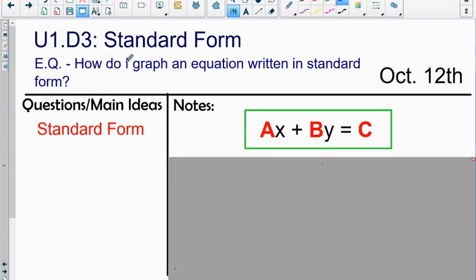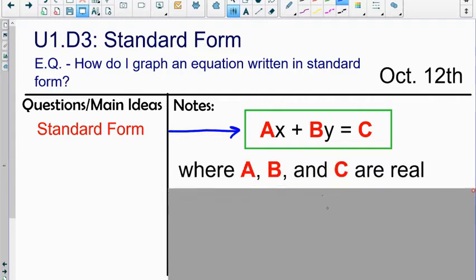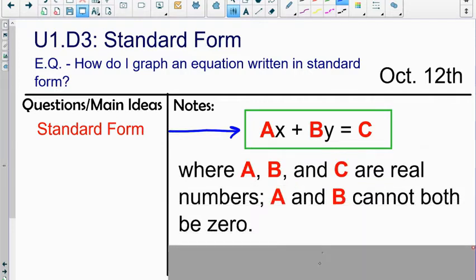So let's take a look at today's lesson. How do I graph an equation written in standard form? We need to start by talking about what standard form actually is. The standard form of an equation looks like this: ax plus by equals c, where a, b, and c are real numbers, and a and b cannot both be 0.